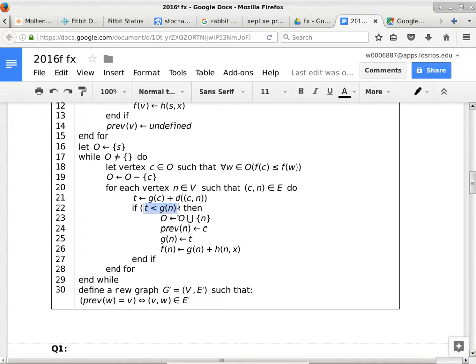Okay? So it cannot be infinite. If that cannot be infinite, then this algorithm has to terminate, because you cannot add a vertex back to big O indefinitely. There's only so many times you can add a vertex back into big O. So this algorithm is guaranteed to terminate. It cannot get into an infinite loop.